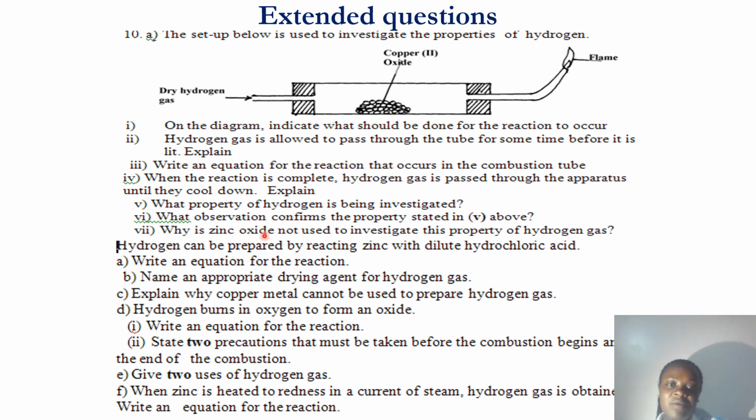So that is the confirmatory test that hydrogen is a reducing agent. Then why is zinc oxide not used to investigate this property of hydrogen gas? So zinc is above hydrogen in the reactivity series, therefore hydrogen cannot reduce the oxide of zinc. So that is the answer to that one.